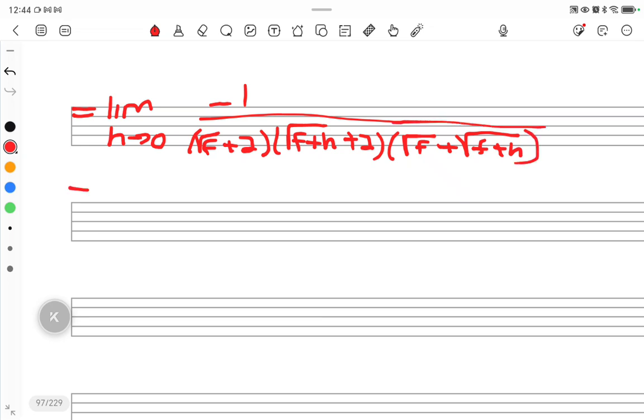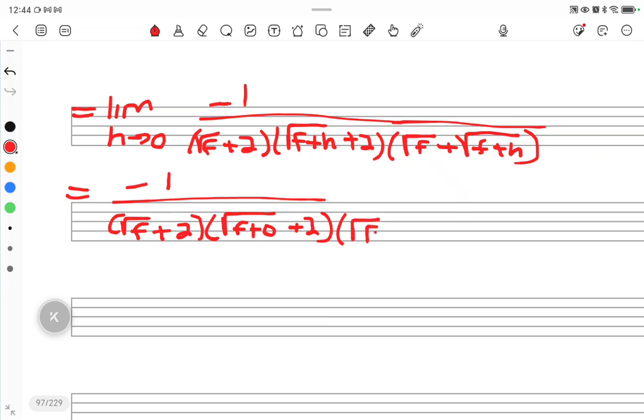Then this would be the limit. No, let's not plug, let's just plug h. We would have minus 1 all over root of f plus 2 root of f plus 0 plus 2 root of f plus root of f plus 0.